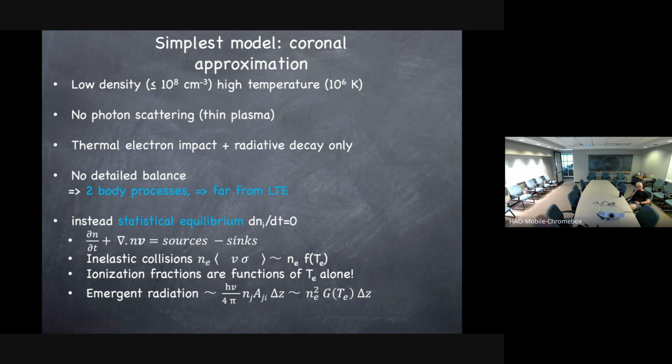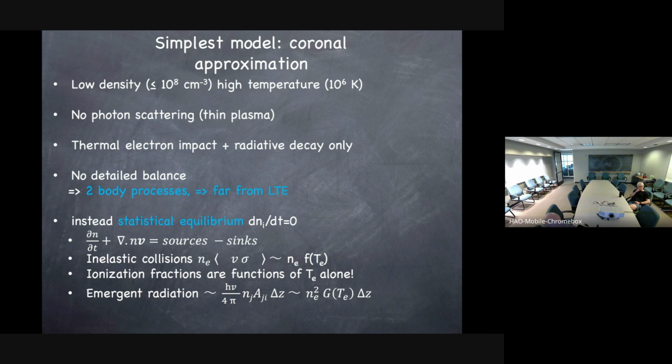So this is a conceptual, approximate thing. If you think of what dielectronic recombination is, that's not quite right, but it's a first order approximation to keep in mind here.